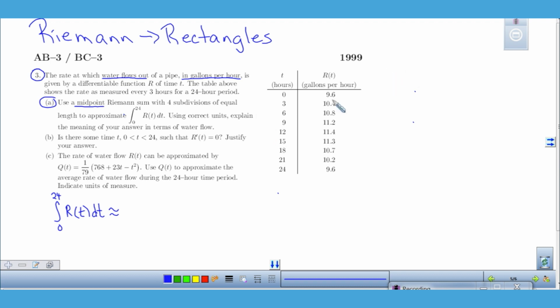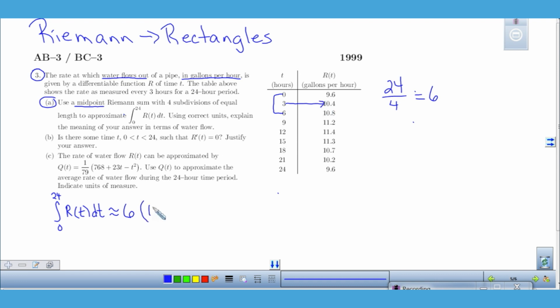It says 0 to 24, and it wants 4 subdivisions, so I'm going to need something every 6 hours. So I'm going to go from 0 to 6. That's the width of my rectangle. But in a midpoint, to find the height, you go in the middle of those 2 values and find the y value that goes with that.